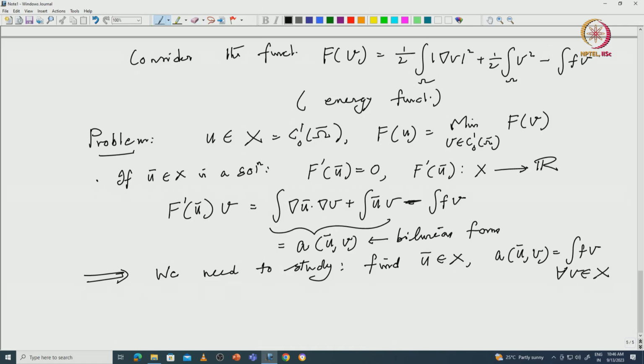This is essentially the Riesz representation theorem, because this is the norm there.